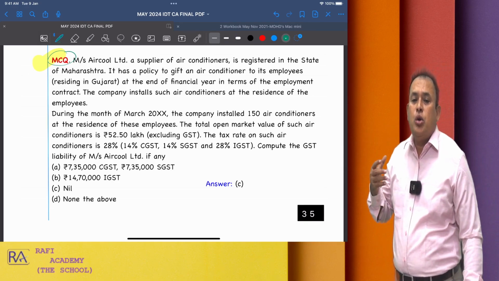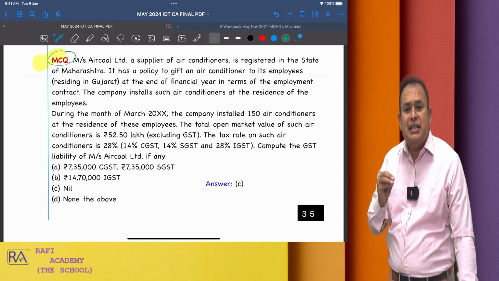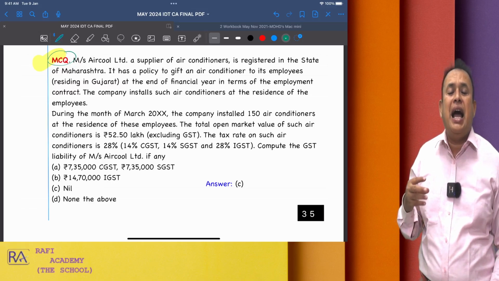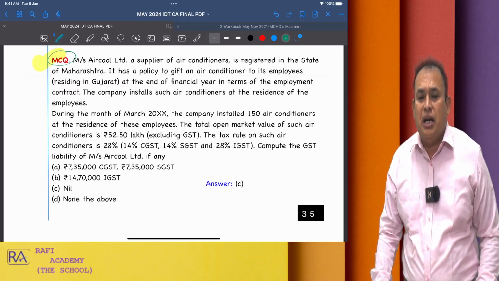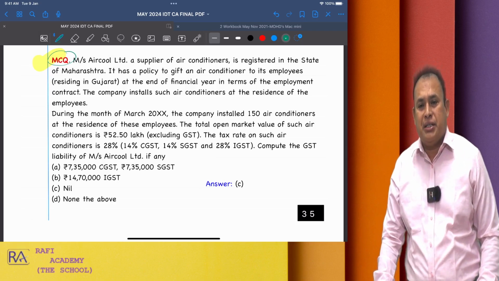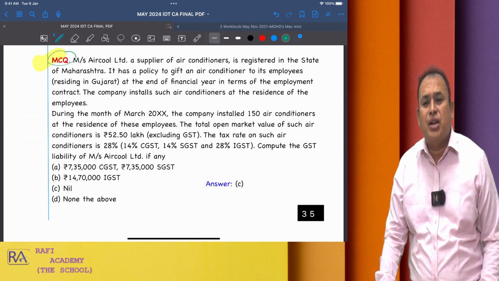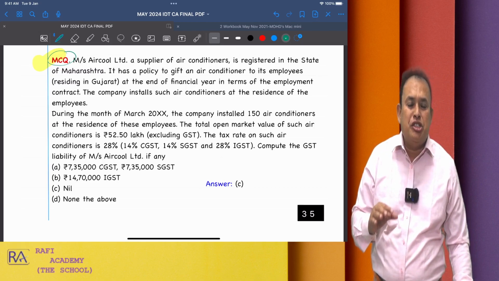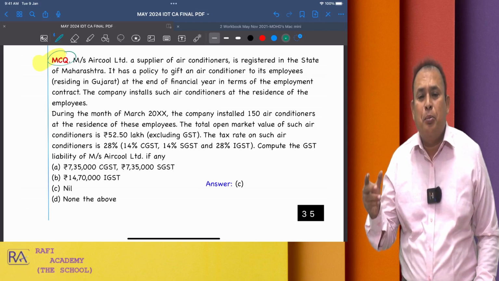Mrs. Air Cool Limited, a supplier of air conditioners, is registered in the state of Maharashtra. It has a policy to gift an air conditioner to its employees residing in Gujarat at the end of the financial year. In terms of the employment contract, the company installed such air conditioners at the residence of the employee. During the month of March, the company installed 150 air conditioners at the residence of these employees.